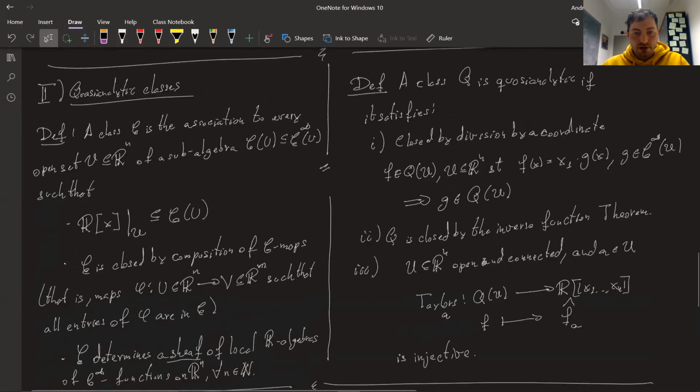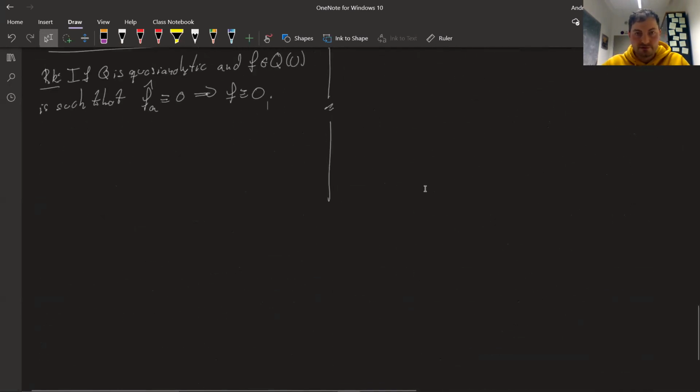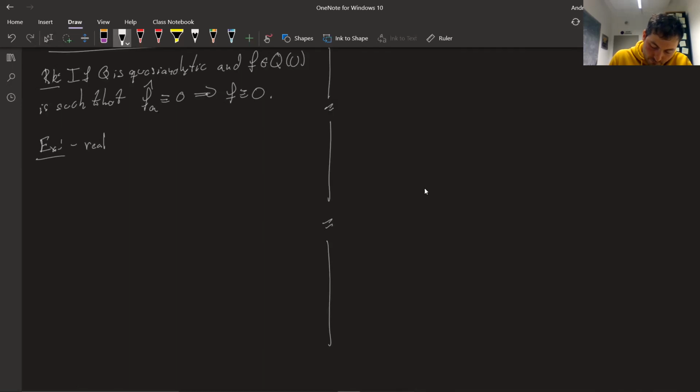Besides, we can look here and see that real analytic functions, and complex analytic if we had done this with C^n instead of R^n, are both going to be quasi-analytic, as immediate examples, just as we talked about before. So real analytic, and algebraic functions over a field of characteristic 0.